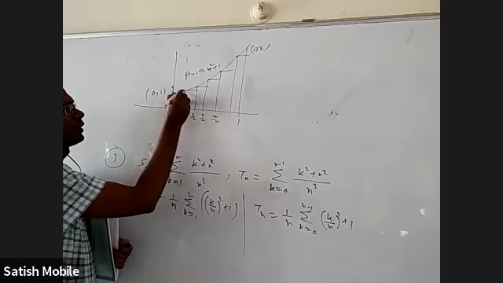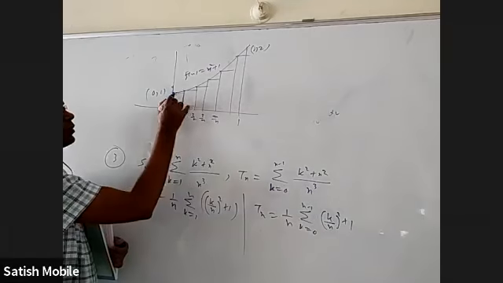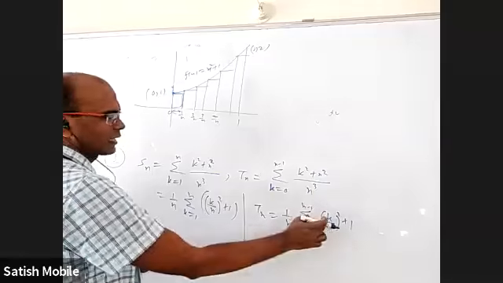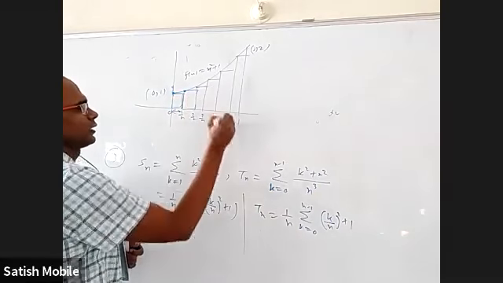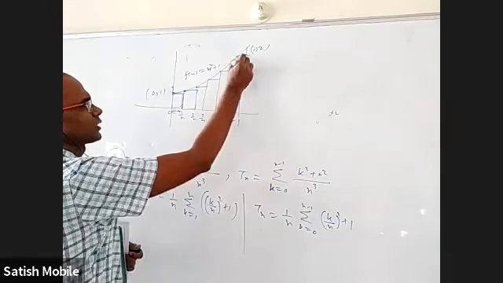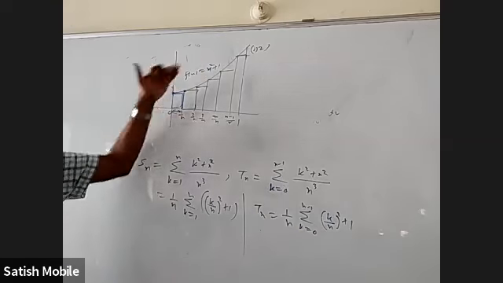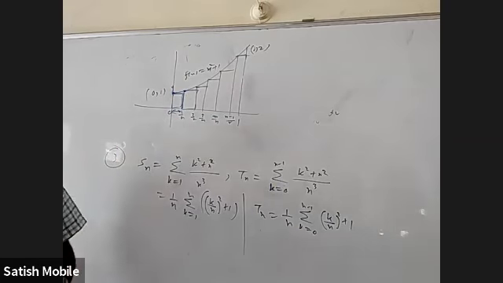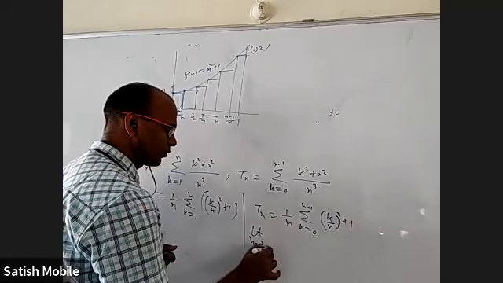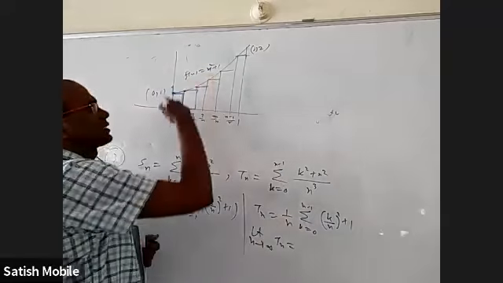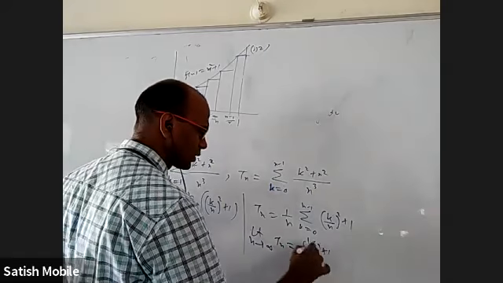So you are not taking this rectangle. Let us talk about this. When you put k equal to 0, the height is only 1. That is this rectangle. When you take k equal to 1, you are taking exactly this height. K equal to 2, this height. And when you take n minus 1 by n, you are taking this height. So this is actually giving you all these rectangles which are lower, which are less than the area. So I can definitely say two things. Limit n tends to infinity of Tn will reach this area, integral 0 to 1 of x square plus 1 dx.